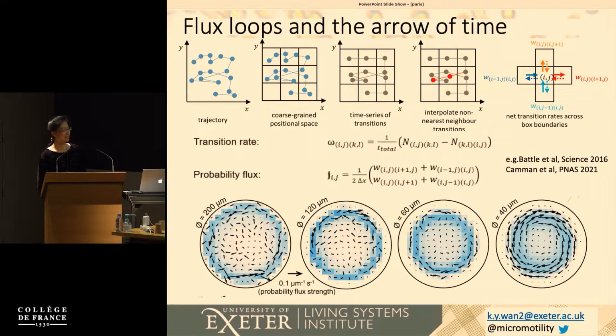And this is most dramatic in the smallest size traps. This was unexpected because, according to a recent theoretical publication, a well that has no evidence of any anisotropy, so it's a perfectly circular well, should not lead to such chiral probability fluxes.